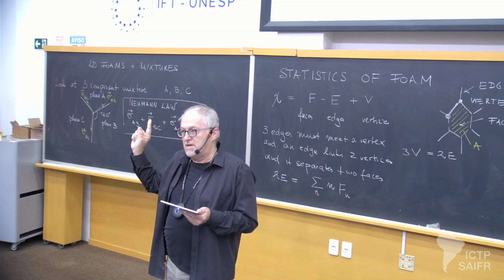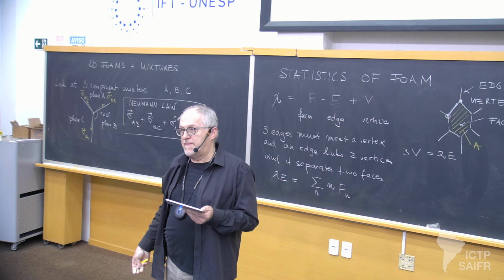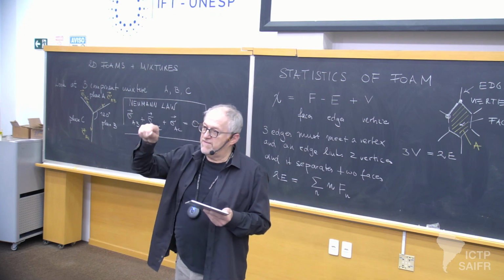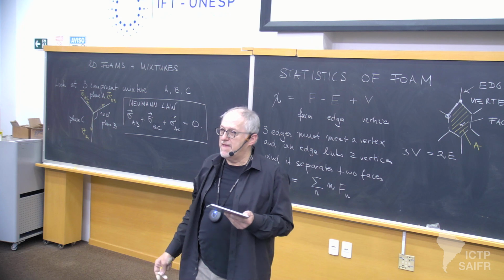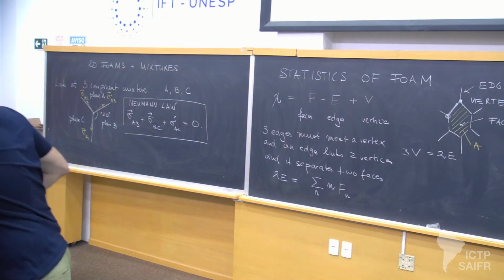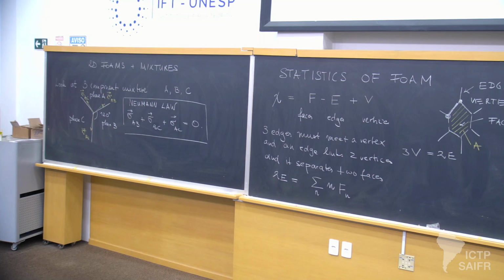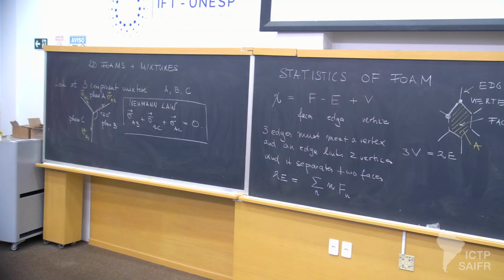So here the indices are the indices for the vertices. The index for the edge and the vertex is basically the same, right? Yeah. And what I should say before these theta j's here is that because of Plateau's law, it's 120 degrees. So this here is pi over 3.